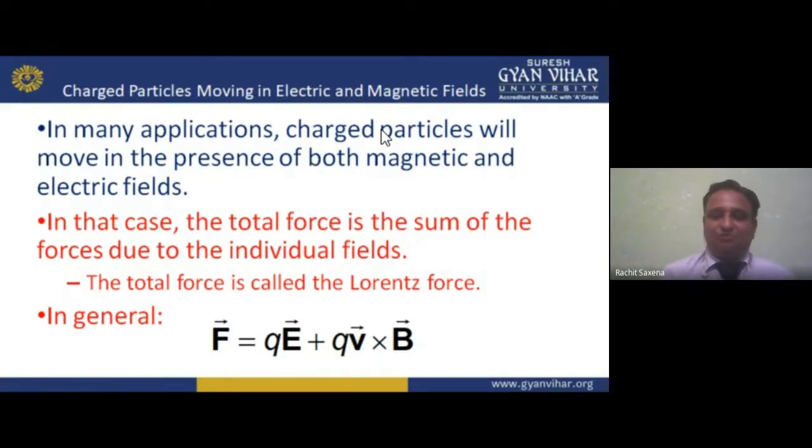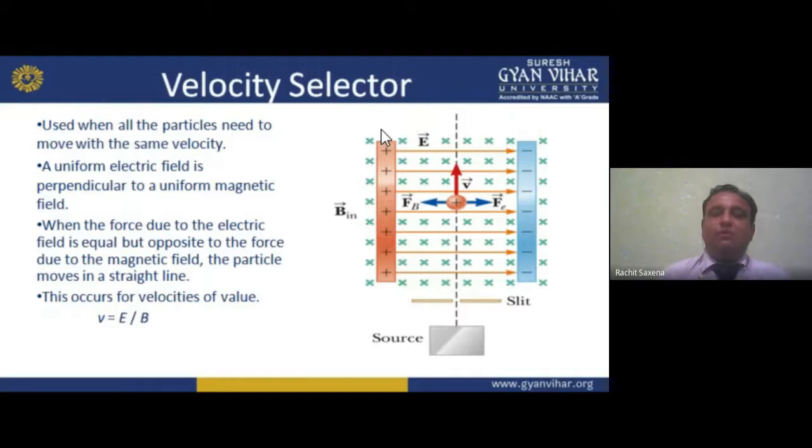That is the Lorentz force. Now, if I am talking about the velocity selector, as I told you earlier, the force always moves toward the center. It is used when all particles need to move with the same velocity, not up, not down, the same velocity.